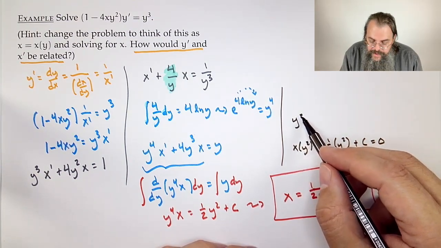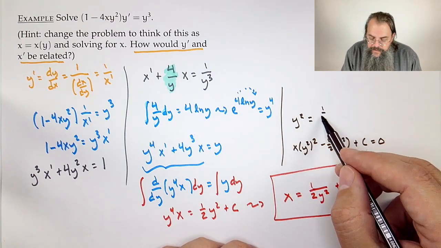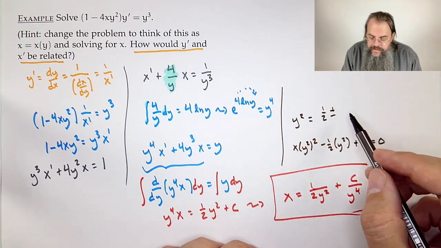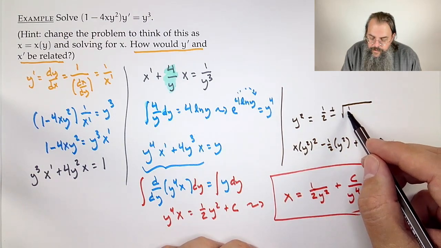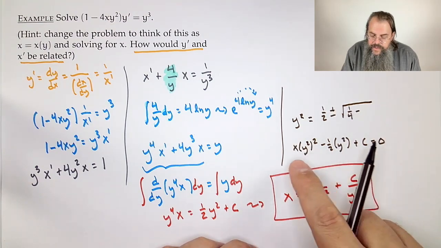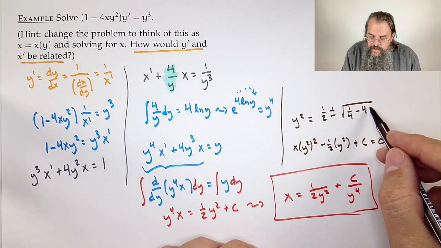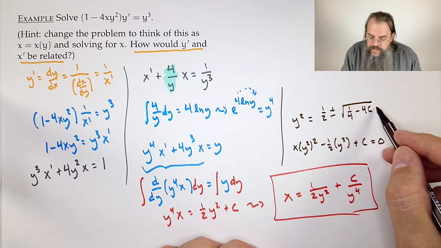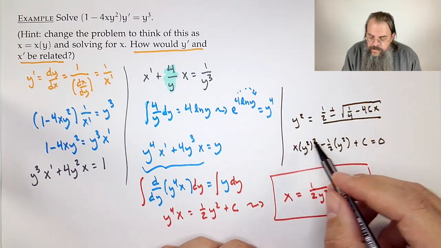So y squared is equal to negative b 1/2 plus or minus the square root of b squared 1/4 minus 4ac. So that's minus 4 times c times x. All that over 2a.